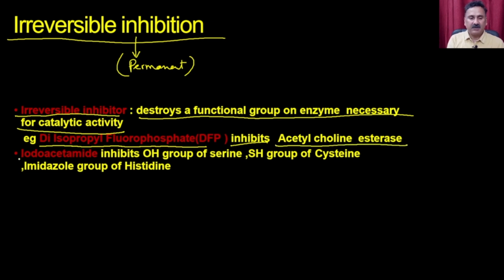Another example is iodoacetamide, which inhibits the OH group of serine, the SH group of cysteine, and the imidazole group of histidine. Irreversible inhibitors bind or destroy these functional groups on the enzyme, causing irreversible damage, so the enzyme cannot recover its activity whether or not the inhibitor is present around.